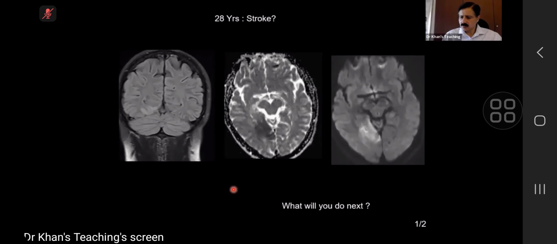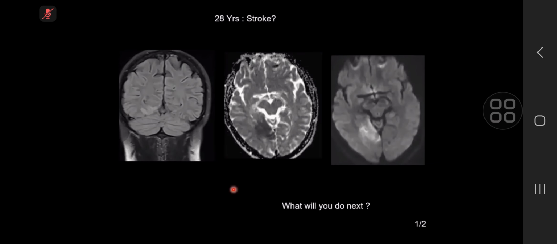Okay, over to you. These are selected coronal, so it's a FLAIR on the extreme left, and then DWIs and ADC sequences, which is demonstrating high FLAIR signal supratemporally in the temporal lobe on the coronal, which is showing diffusion restriction.